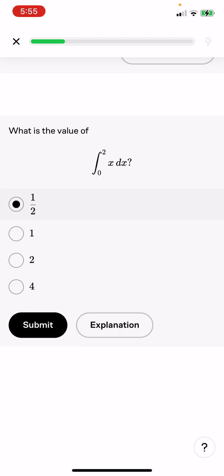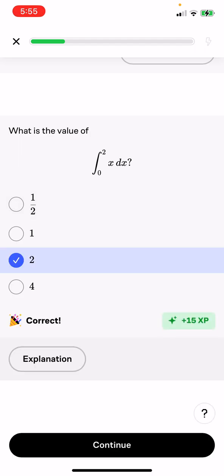Maybe it'll be 1 over 2, but I wouldn't think so. But maybe. Or would it be 2? It's either 1 over 2 or 2. So it would probably be, I'm gonna go with 2. Okay, yeah, that's good.